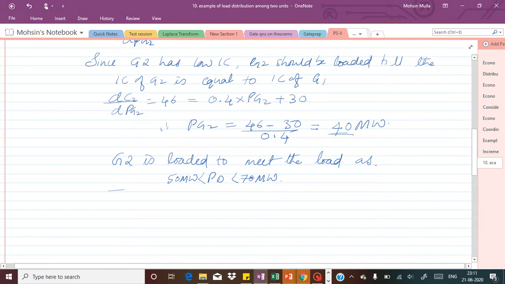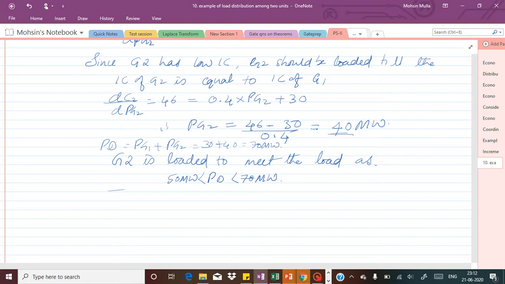So the new demand after loading the second generator is Pg1 plus Pg2, 30 plus 40 equal to 70 megawatt. Up to 70 megawatt both the generators will reach their equal incremental cost.